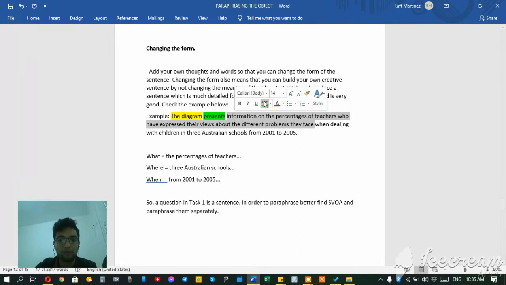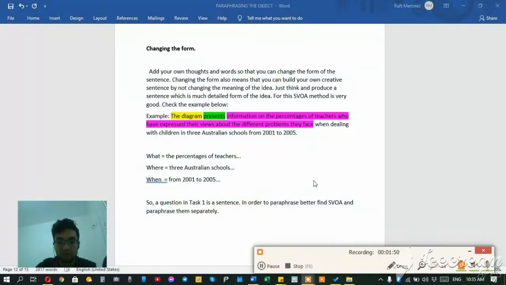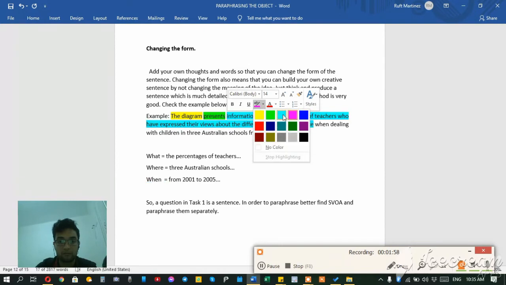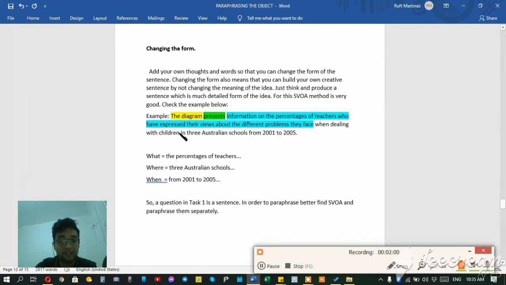This is all of it an object. When dealing with children, it's a time adverbial.